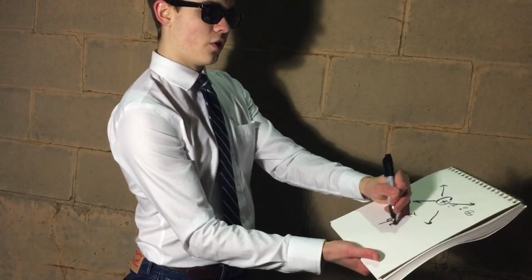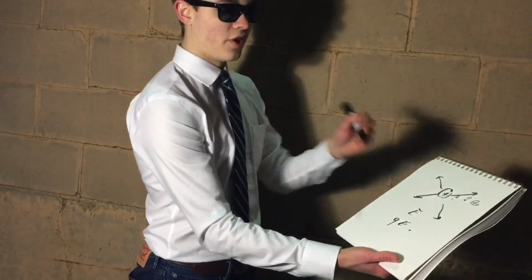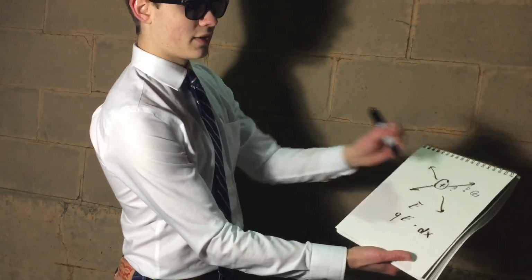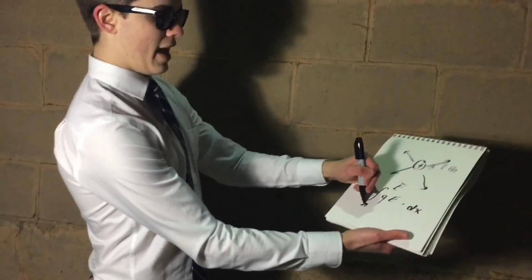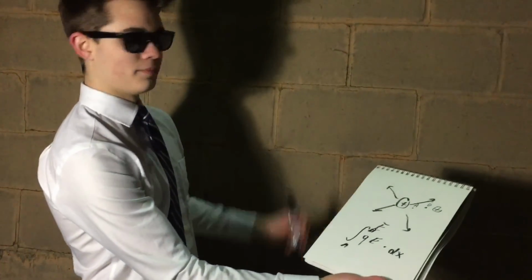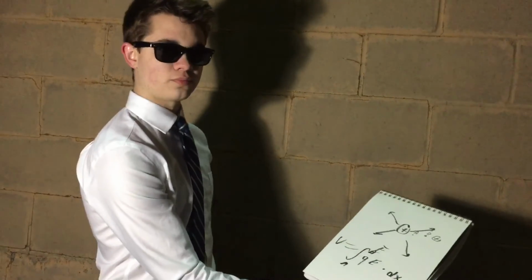So what we're going to have to do is force dot product with a very small distance, dx, and we're going to sum those as an integral from a to b, and that is equal to the potential.